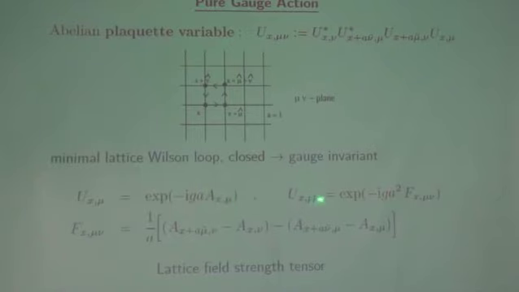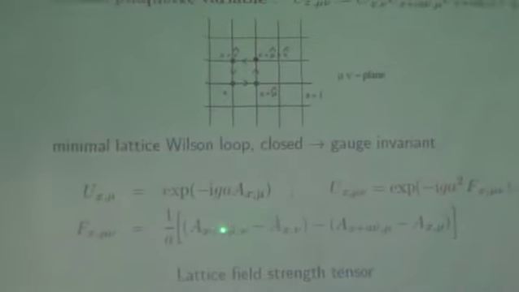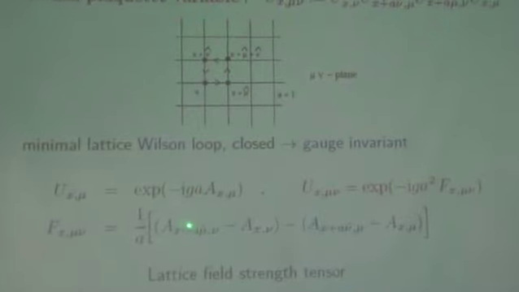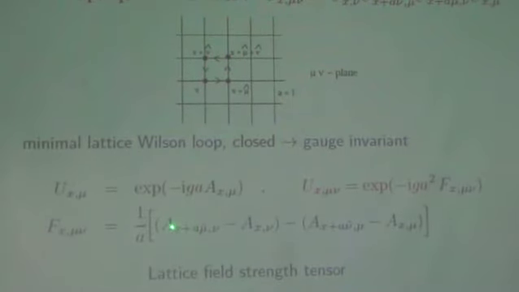Now this plaquette variable I call F_mu nu(x). To justify this term, let us decompose this into the four contributions that we have from the links here in terms of the A_mu. If I rewrite it, we have this link minus that link plus this link minus that link. This is exactly like discrete derivatives, delta_mu A_nu minus delta_nu A_mu, and this is still divided by a.